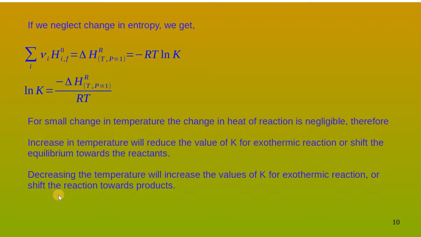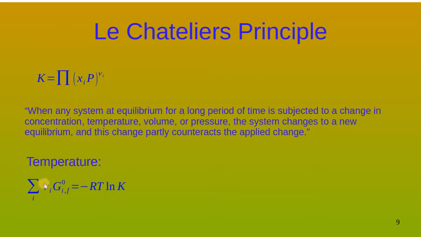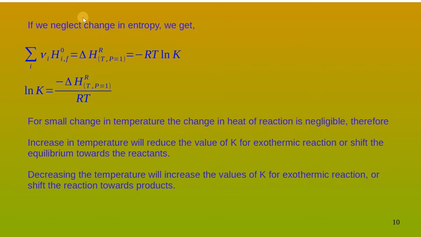Now if we neglect the entropy of reaction, we can write the LHS as summation nu I hi f 0, which is nothing but delta H R, that is the heat of reaction at temperature T but pressure 1 atmosphere. This is equal to minus RT ln of K, or we can write ln of K is equal to minus delta HR over RT.